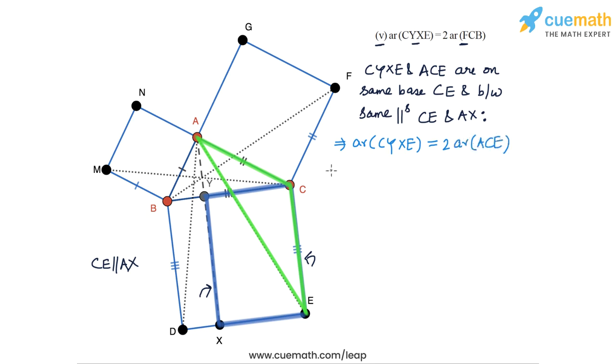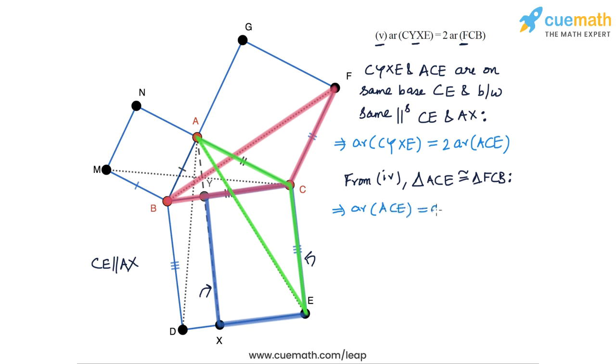In the next step, we will compare the area of triangle ACE with the area of triangle FCB. We saw from the previous part, part 4 I think, that triangle ACE is congruent to triangle FCB. This is what we saw in the previous part. So this means that the area of ACE is equal to the area of FCB.